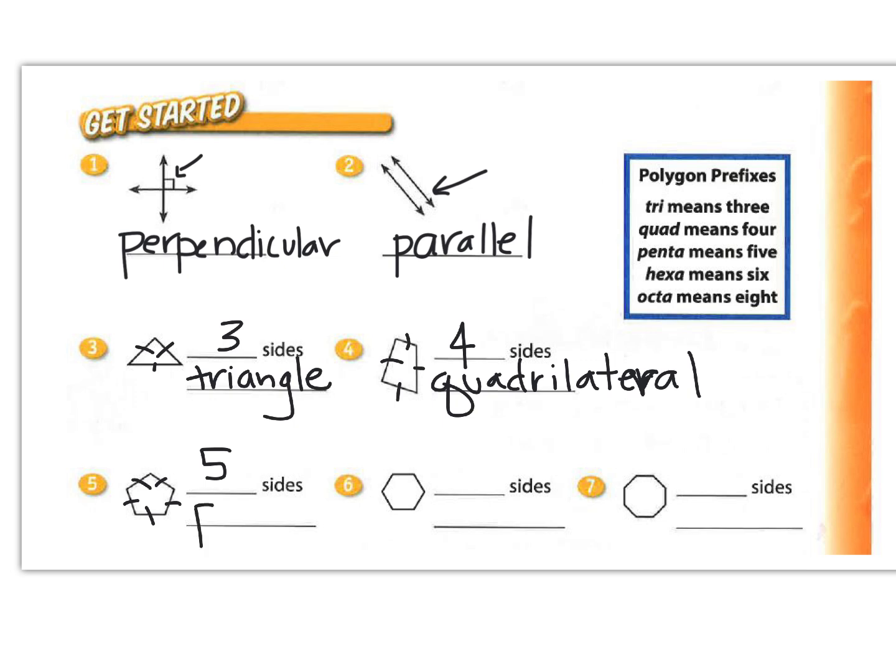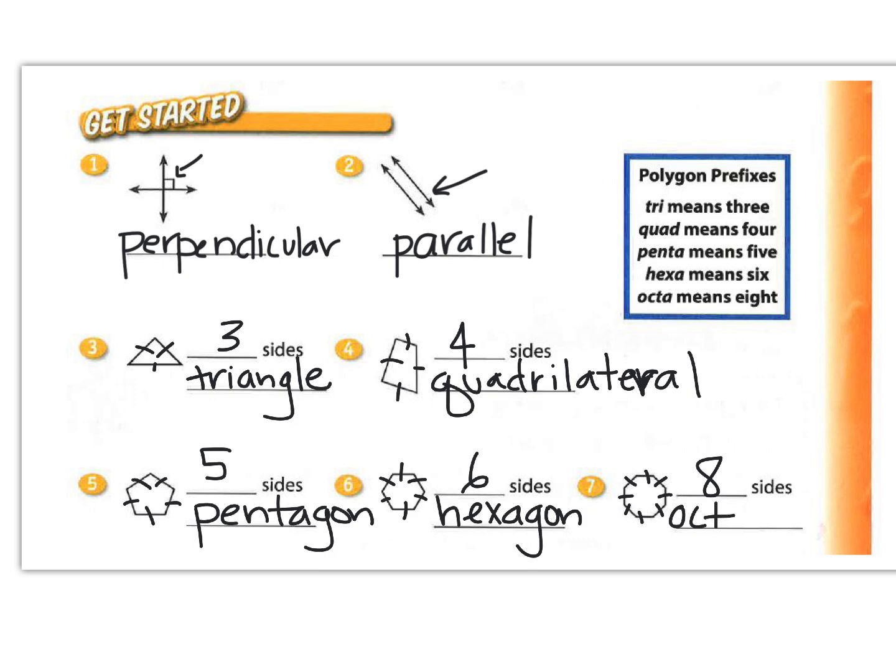So this is called a pentagon. This is 6 sides, 1, 2, 3, 4, 5, 6. So this is called a hexagon. And the last one here, we have 1, 2, 3, 4, 5, 6, 7, 8 sides. This is an octagon.